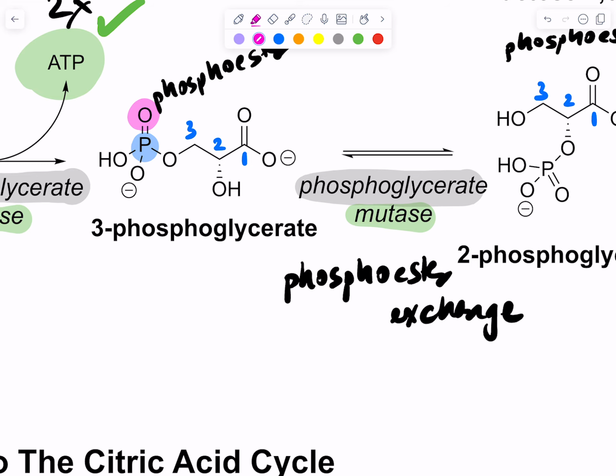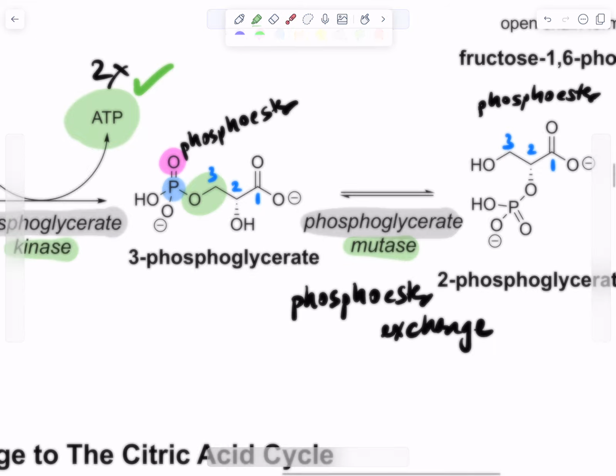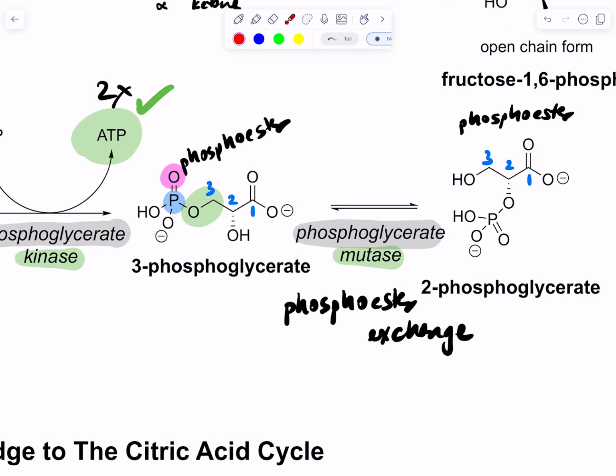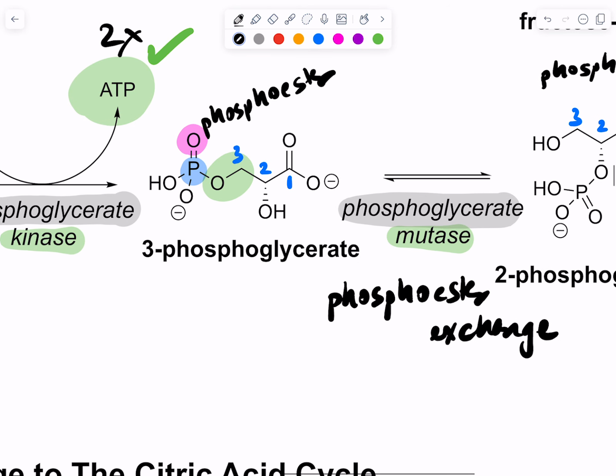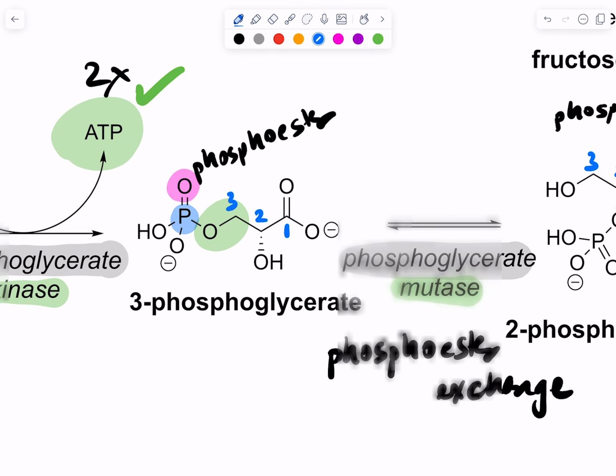And I'm also going to highlight what it's attached to, just a preview, that ultimately we want this phosphorus to become the gamma phosphate of ATP.